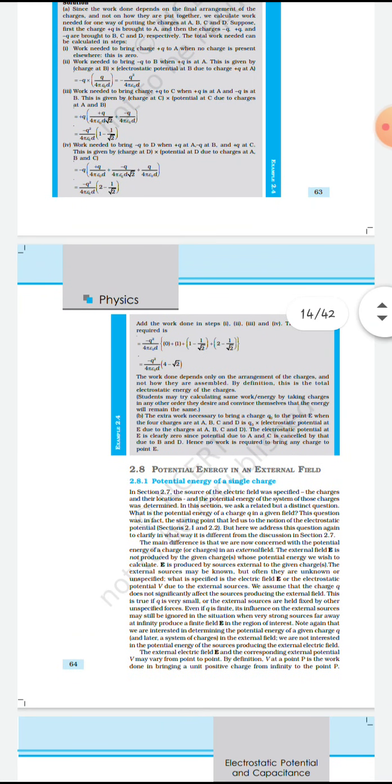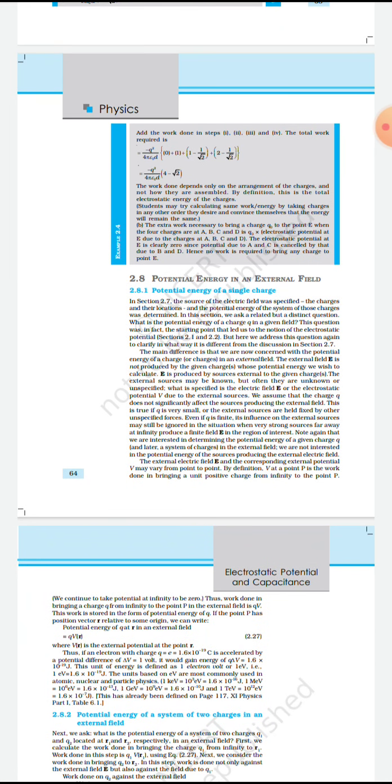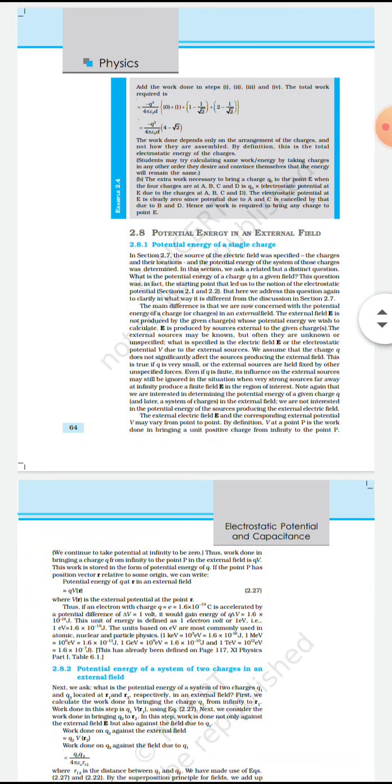Next is potential energy in an external field. If there is a single charge, how will the potential energy be? So far, the charges and their locations were given, and the potential energy of the system of those charges was determined. Now we ask a related but distinct question: what is the potential energy of a charge Q in a given field?